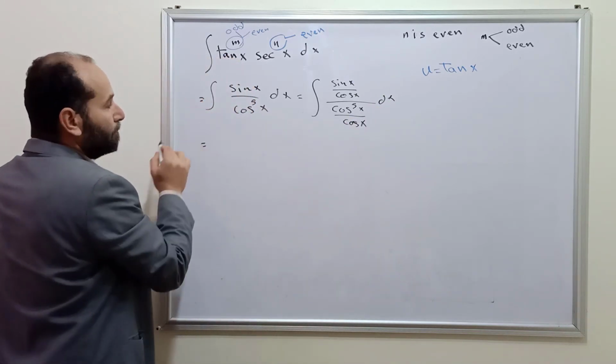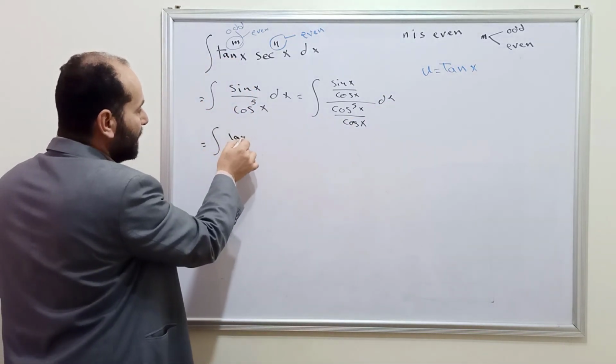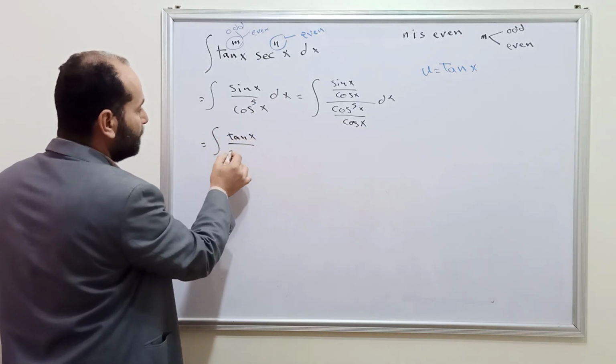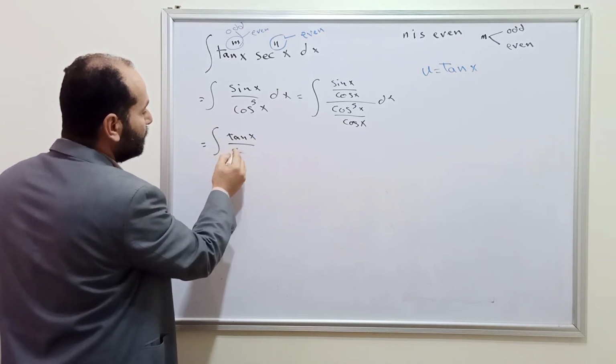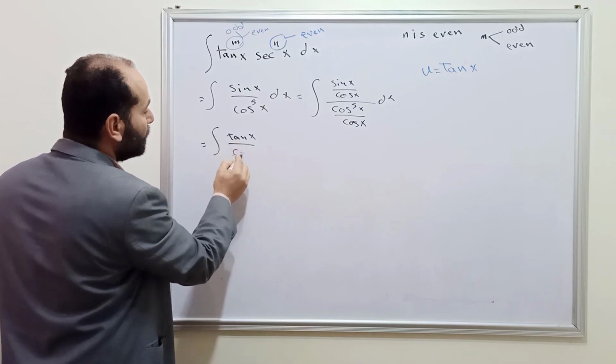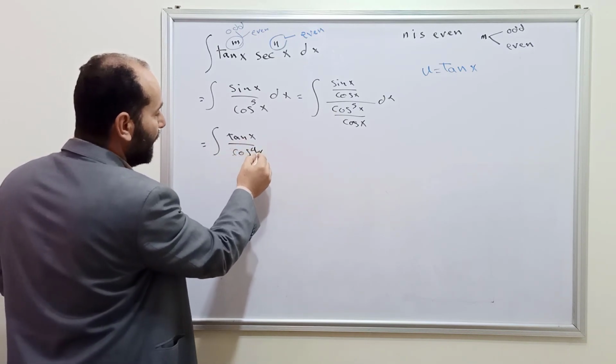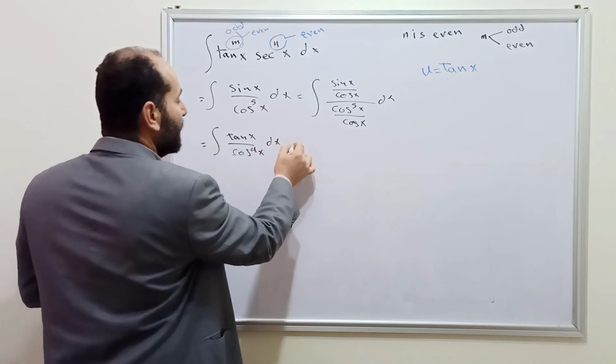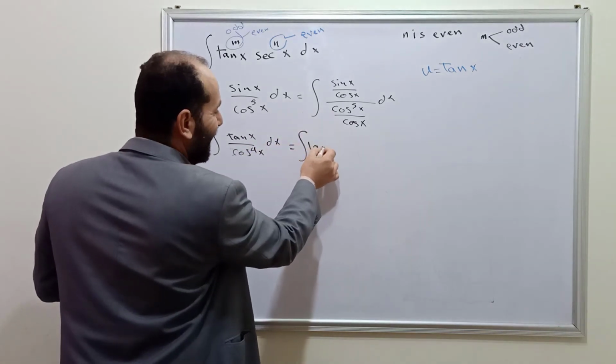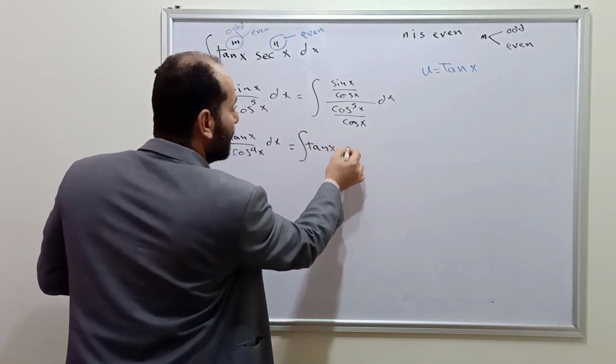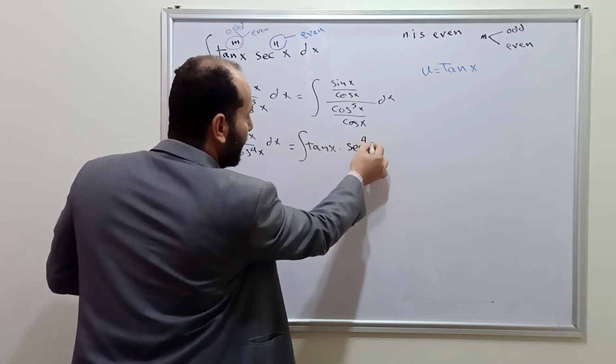This is equal to the integration of tan x over cosine power 4 x, dx, which equals integration of tan x sec power 4 x.